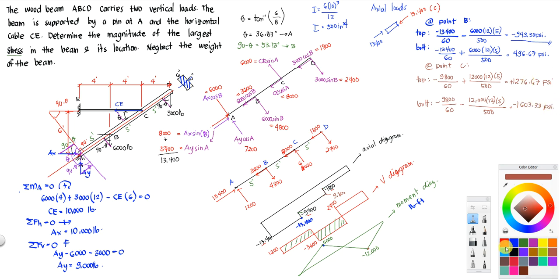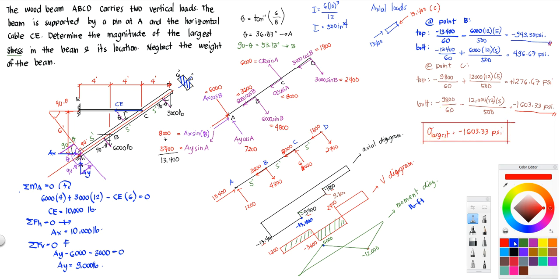So between the two, the largest stress is 1,600. So at point C, ito yung kukunin ko. At point B, ito yung kukunin ko. Pero sa kanilang dalawa, ano yung pinakamalaki? So largest stress is equal to negative 1,603.33 psi. So this is now the answer.